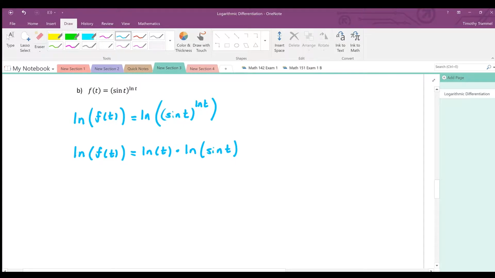Now we'll use that implicit differentiation. We have d dt of the natural log of f of t is equal to d dt of the natural log of t times the natural log of sine of t.